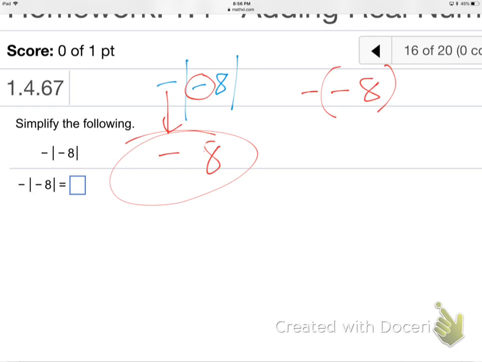Then it would be plus, wouldn't it? Because then they get together, right? Because now this one is not changed. It's just 2 negatives, positive, done. So that would just be regular 8 or positive 8, done. Does everybody see the difference between those two? So absolute values make positive, right?